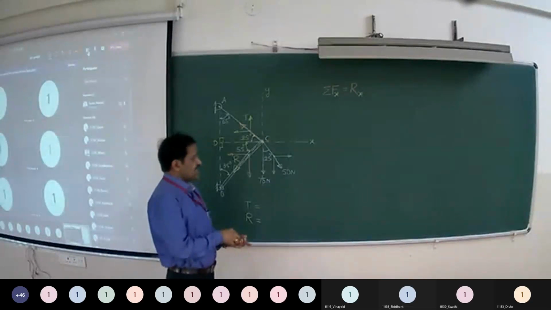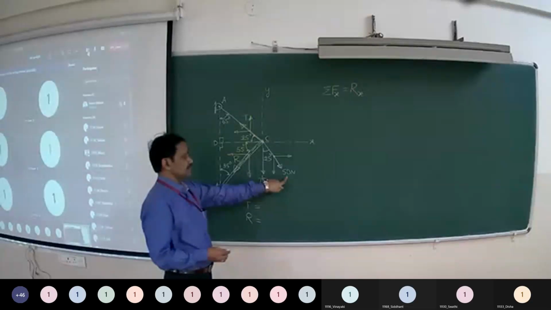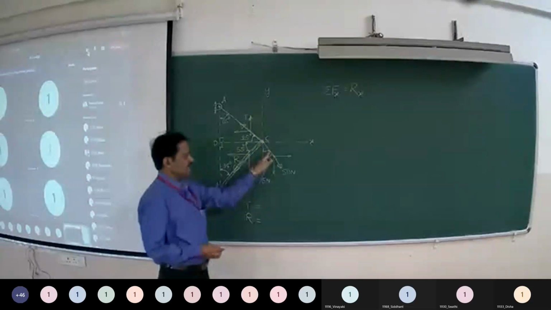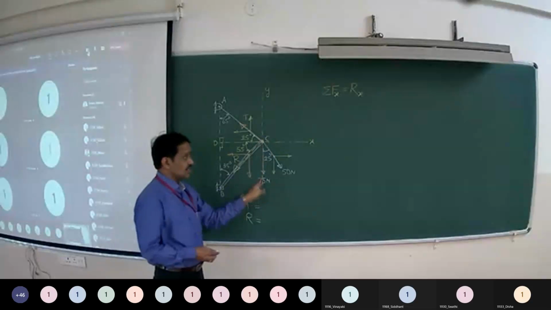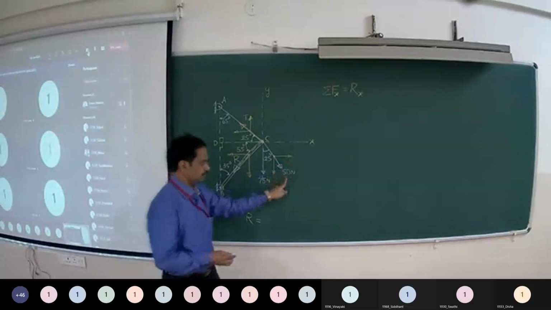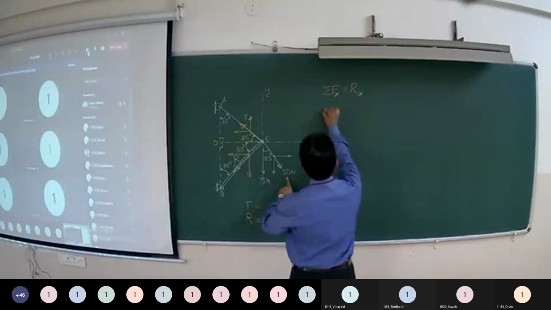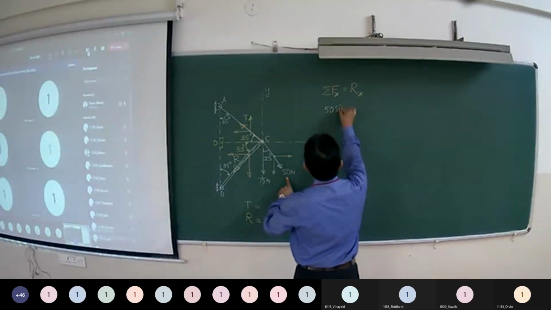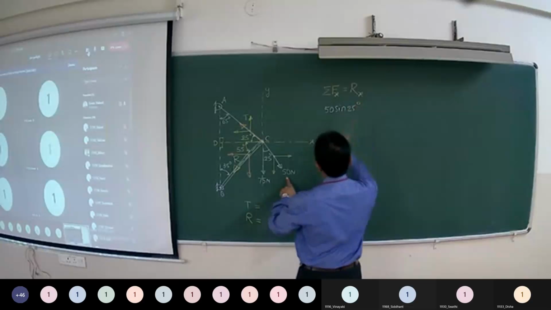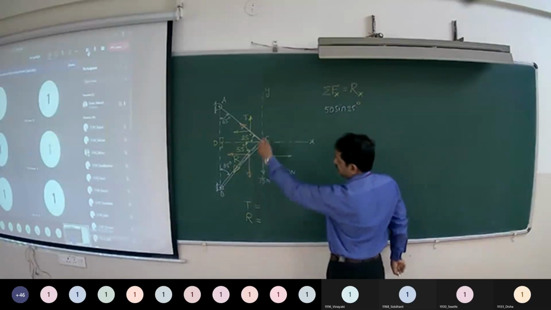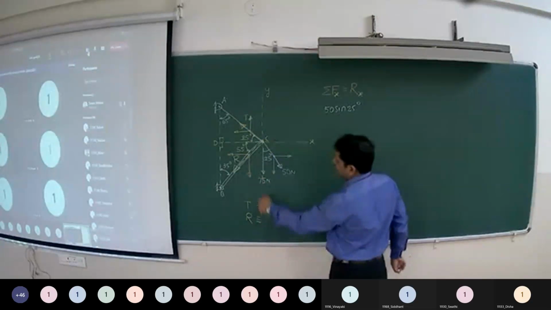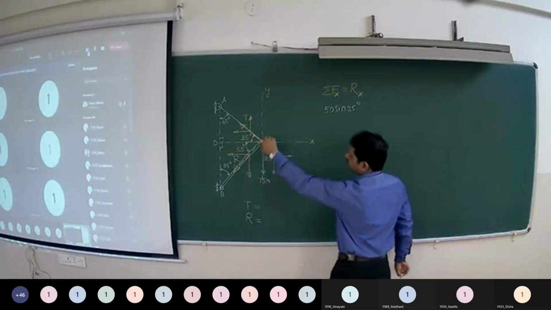Now what is the x component of 50 Newton force? 50 is making 25 degrees with respect to y. So y component is cos, x component is sine. So it is 50 sin 25. What is x component of 75? 75 is acting along y axis. Its x component is 0.